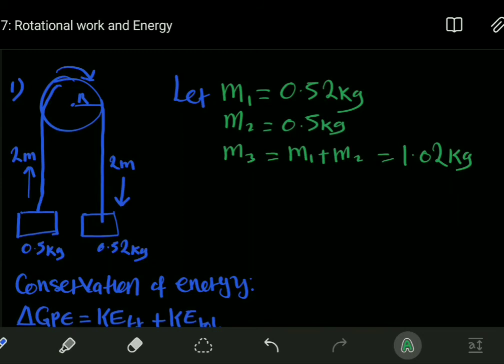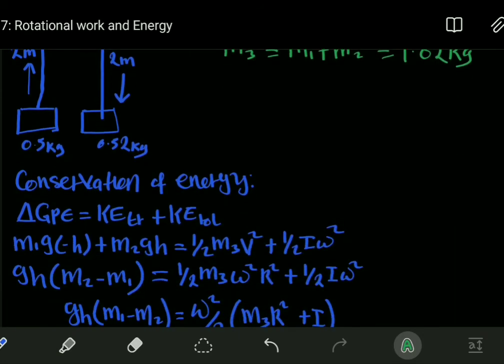Okay, so now let's consider the conservation of energy. We are saying that the change in potential energy is going to be the gain in kinetic energy. Now we know that mass 1, the more massive object, is losing potential energy, therefore it's making a negative displacement.